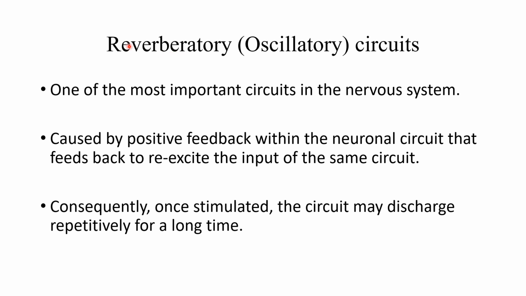Now these reverberatory or oscillatory circuits are very important in the central nervous system. They provide a positive feedback to re-excite the input of the same circuit. So once stimulated, this circuit may discharge repetitively for a long time because of this feedback.